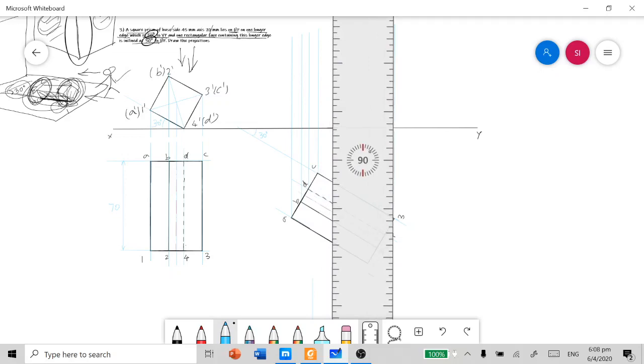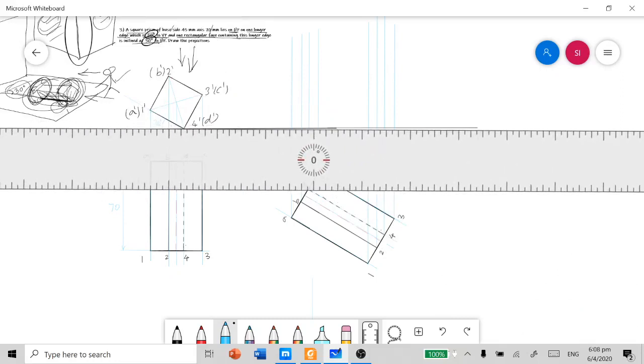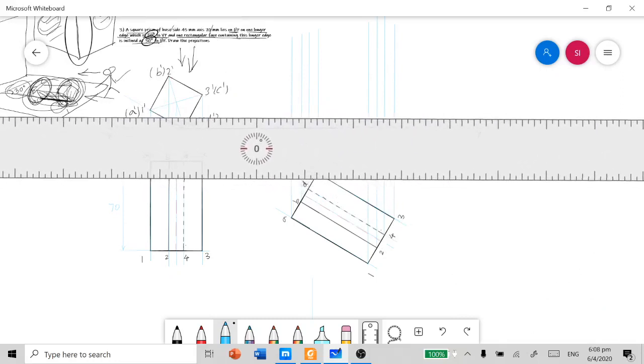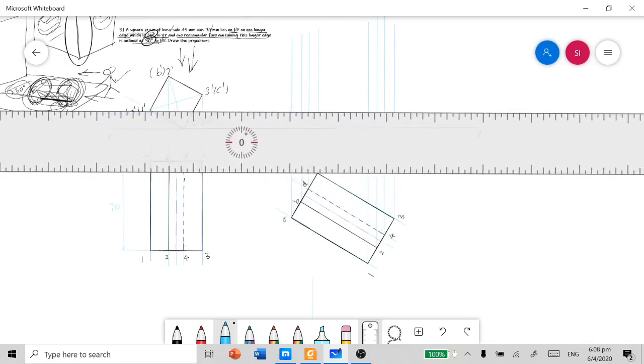And then projectors from the previous front view. The projector for the longer edge 4D comes along with the XY line.